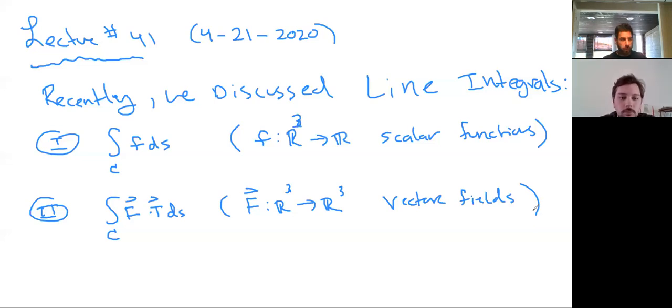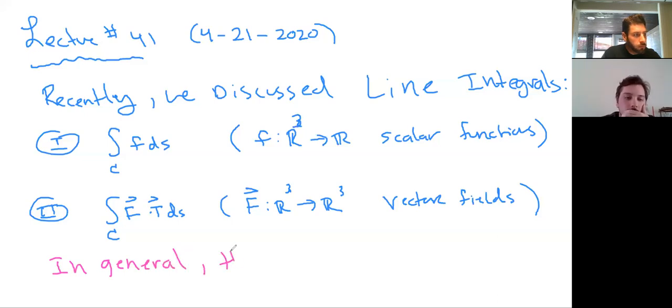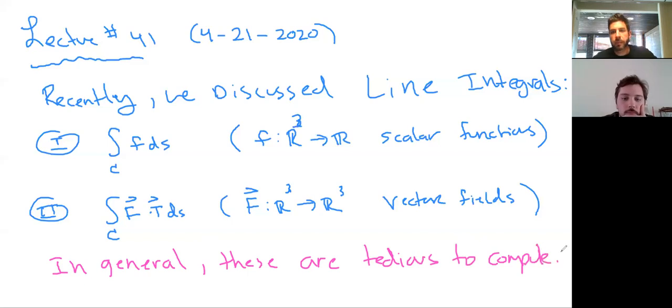So long story short, these are in general tedious to compute. Even when we can reduce them to an integral we studied in Calc 1 or Calc 2, they're often tedious. And so the question we're going to ask is, is there a better way?